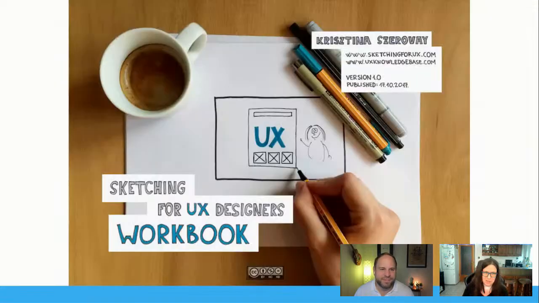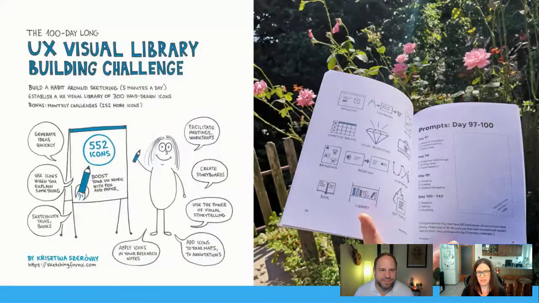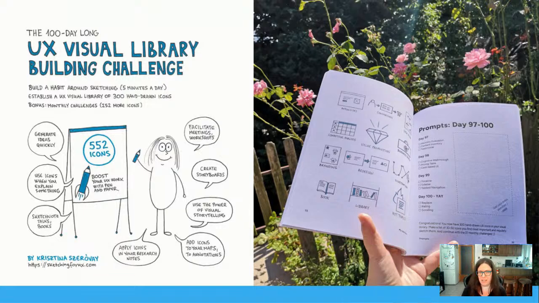And as Lennart also mentioned, I have a Sketching for UX workbook. It helps you practice drawing basic shapes and icons and other UI elements, and you can download it for free. And I also published a little book about establishing a UX-related visual library. And if you complete this challenge, you will end up with more than 500 icons drawn by yourself.